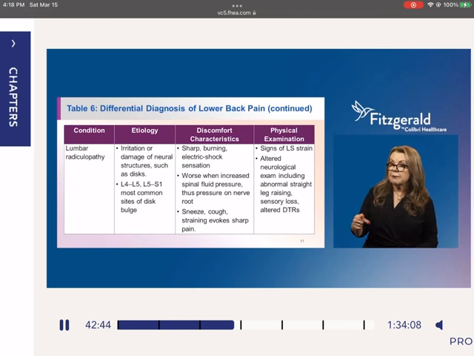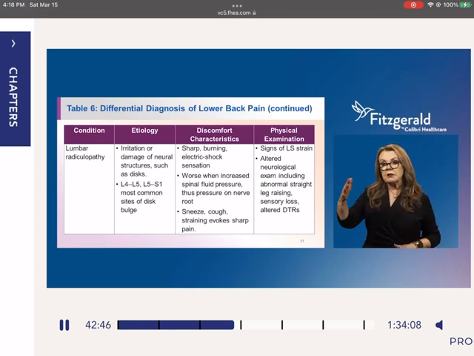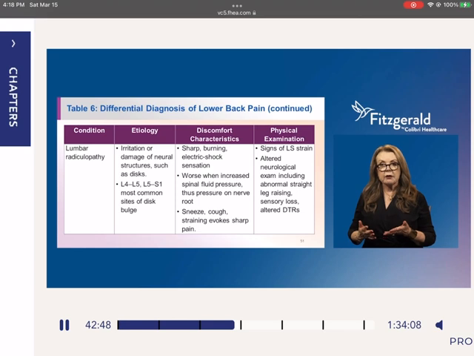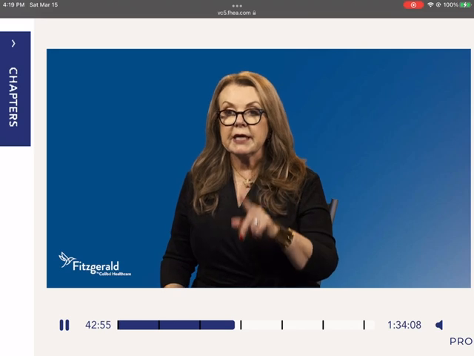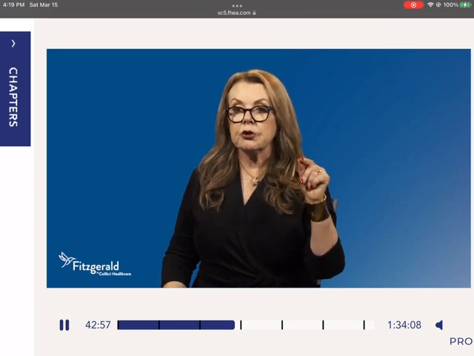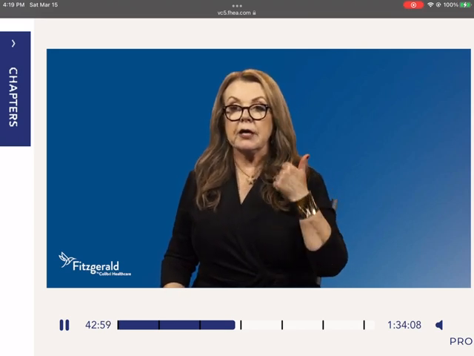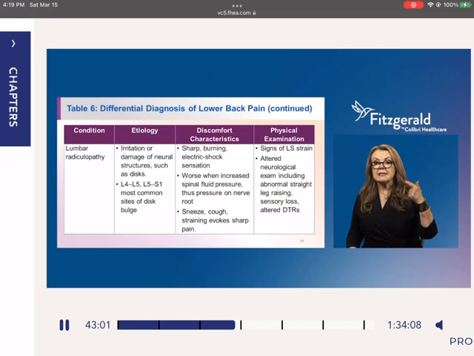What will you find? You'll find with lumbar radiculopathy, the physical exam will have a lot of common characteristics with lumbar sacral strain. But here's the key. With radiculopathy, you get an altered neuro exam, including the abnormal straight leg test, sensory loss, and altered DTR.